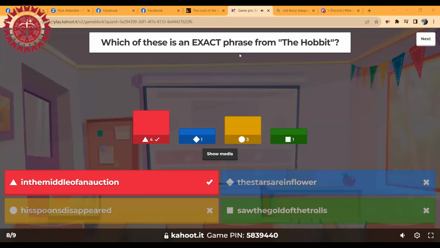Oh, most of you got it right. The phrase that is exactly in the book is "in the middle of an auction." And I put it without spaces because last week we had native speakers reading, I think it was Chad and Scott. The most noticeable difference that I see between native speakers and non-native speakers is the flow.